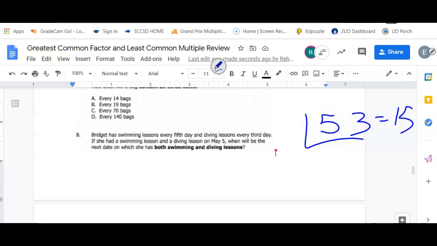Be lazy if you want, and don't write the 1, because when you multiply by 1, it doesn't do anything for you. So if we know that every 15th day they have both lessons, what date will they have both of them? Jack? Good. May 20th, they will have both.